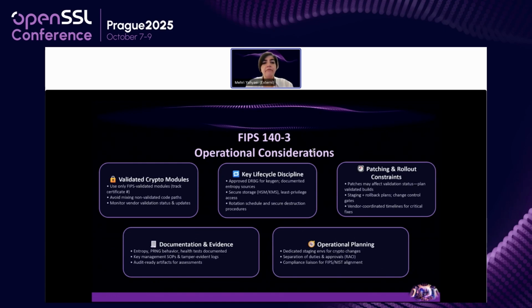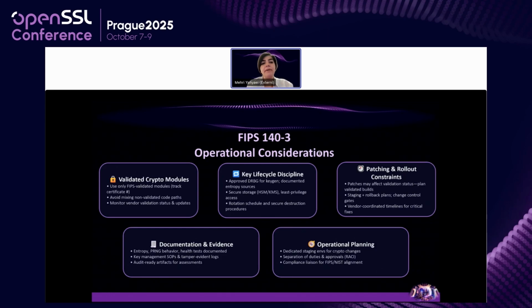We are emphasizing five areas here, as you can see in this slide. First, use only validated crypto modules and track certificate numbers. It's essential based on FIPS and FIPS policies. Number 2 is manage key life cycle carefully with secure storage and rotation.